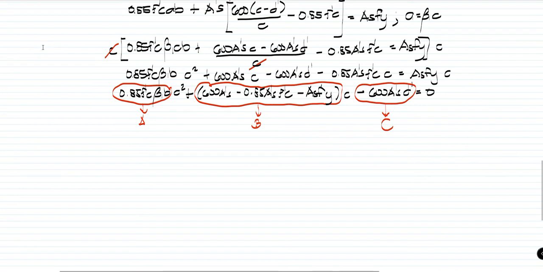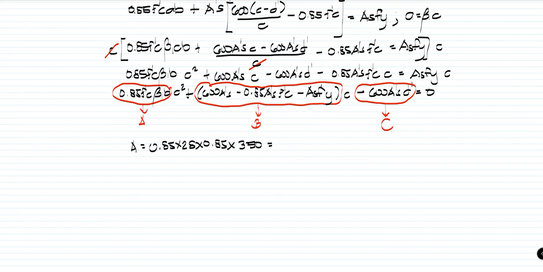Solving this one, we could have the value of A, which is 0.85 times 28 times 0.85 times 350, which is equivalent to 14,161 over 2. So that is our A now.